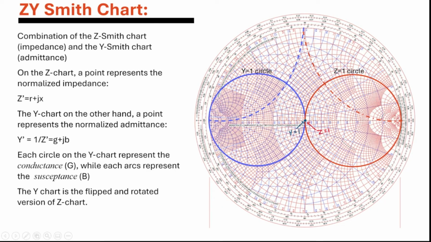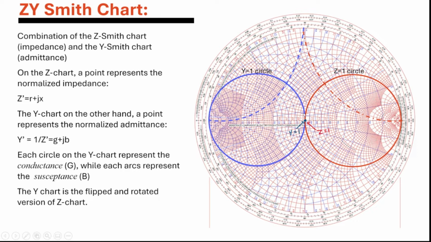So a bit about this ZY Smith chart. It is a combination of the Z Smith chart on the right here and the Y Smith chart on the left here. The Z Smith chart, which represents the impedance, is represented in red circles and red arcs, while the Y Smith chart is represented by the blue circles and arc lines.